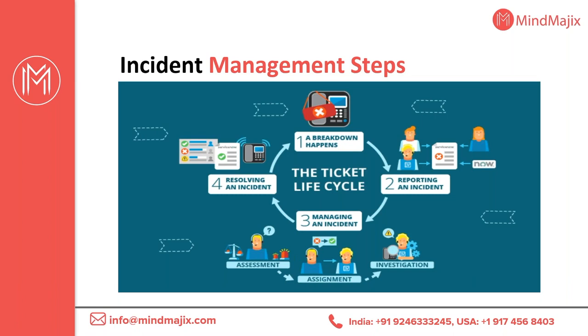But the beauty is that ServiceNow has predictive analysis to do the assessment, so you need not have a level 1 team as such. It can be done automatically. Then assignment: the level 1 team will assign after assessment and give the tickets to particular teams. But even this has been automated by ServiceNow using advanced work assignment.